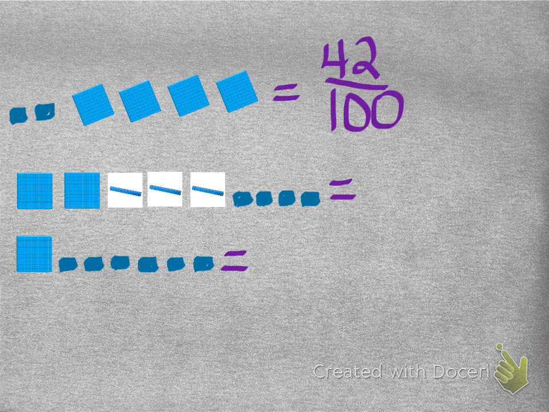Okay, because we don't have a full big cube there. We just have 42 of those pieces. Okay, what if I have 2 flats, 3 longs, and 4 cubes?